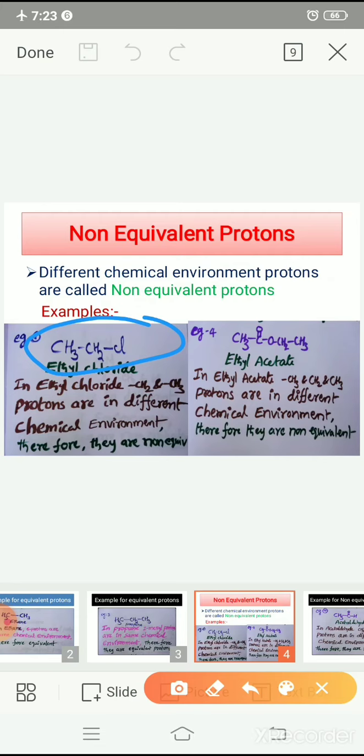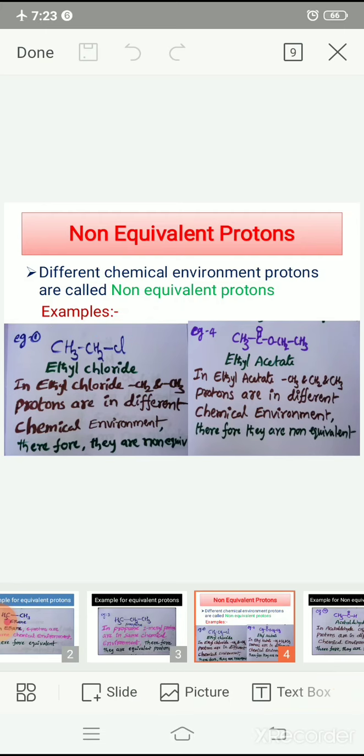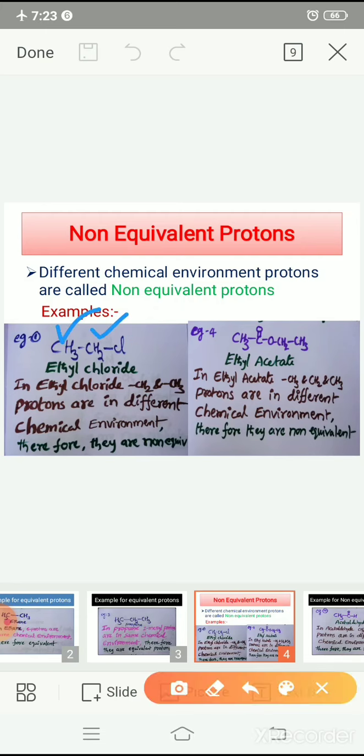In ethyl chloride, the CH2 and CH3 protons are in different chemical environments. Here CH2 is directly attached to chlorine, but CH3 is not. So CH2 protons and CH3 protons are in different chemical environments. That's why they are non-equivalent protons.